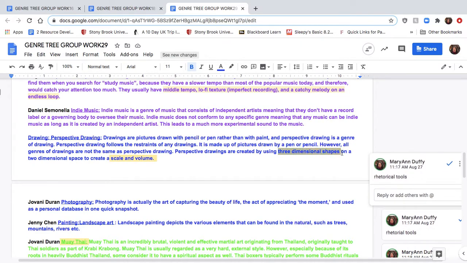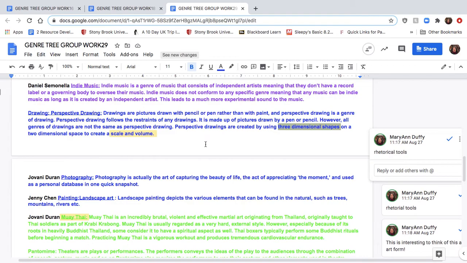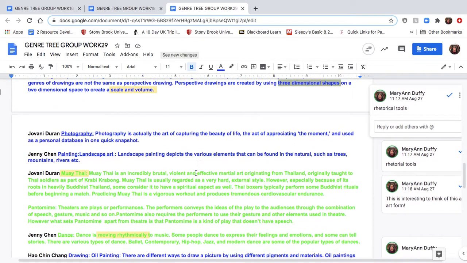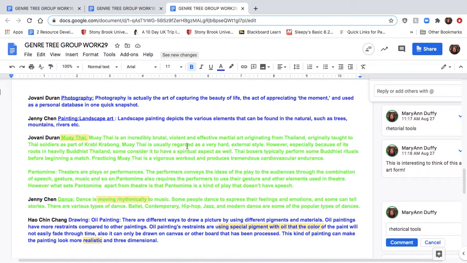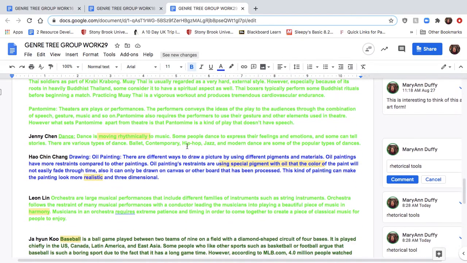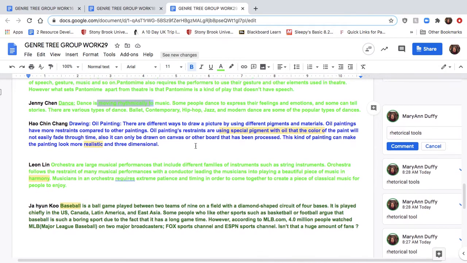You have to create three-dimensional shapes for a picture to become realistic. Those are rhetorical tools of drawing. What else do we have? Dance, moving rhythmically. That's a rhetorical tool that you would use with your body to try to convey some sort of message to your audience.